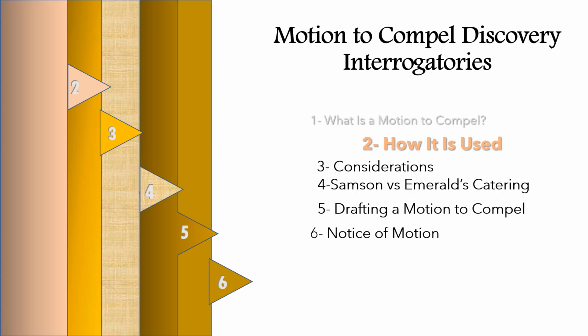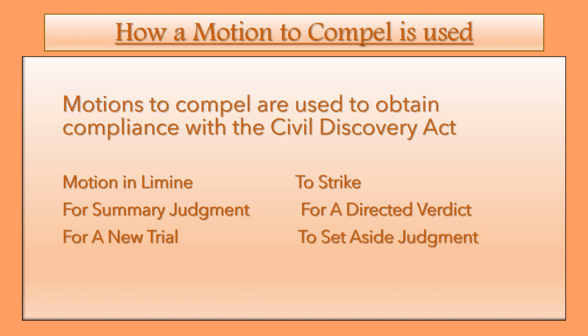For this next section, we'll just talk a little bit about how it is used. Motions are strategically important to litigation, and it is especially important to keep track of what motions are available to be used. The court will not file a motion for a party if they fail to do so themselves.